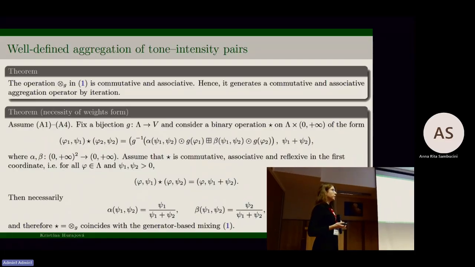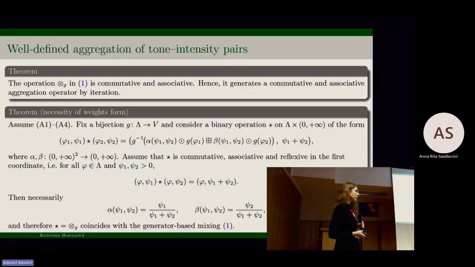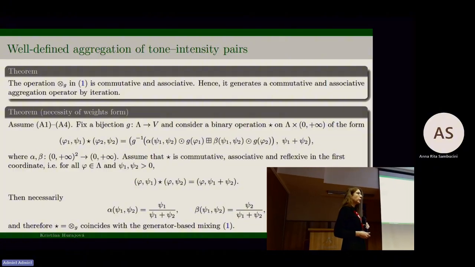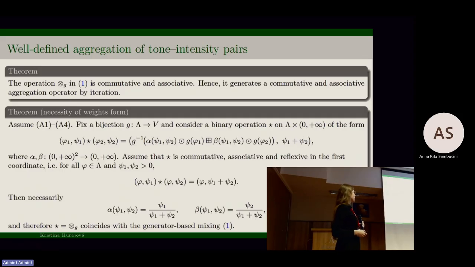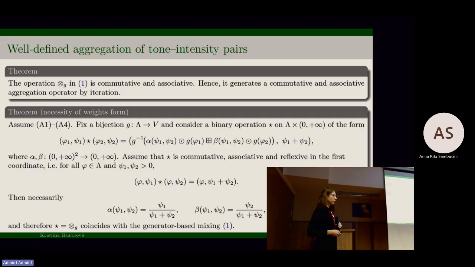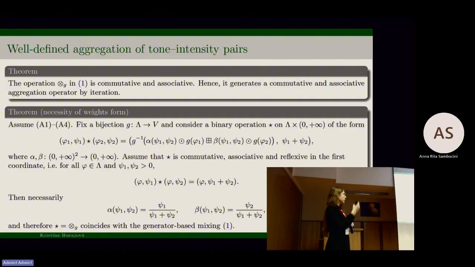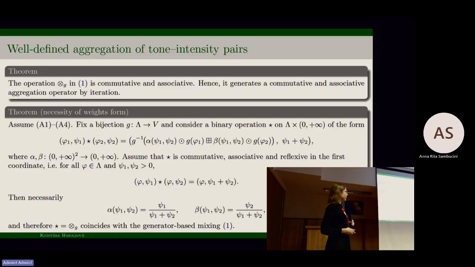A basic requirement is still that aggregation doesn't depend on the order or grouping, and the first theorem shows that our operation has this property: it's associative and commutative. The second theorem shows that it's very restrictive.